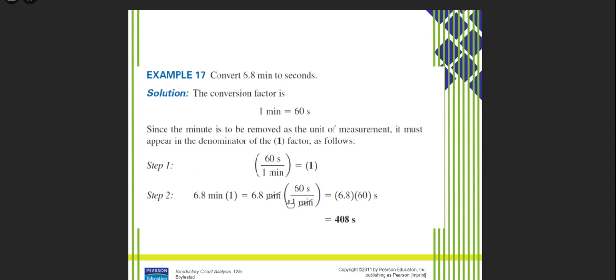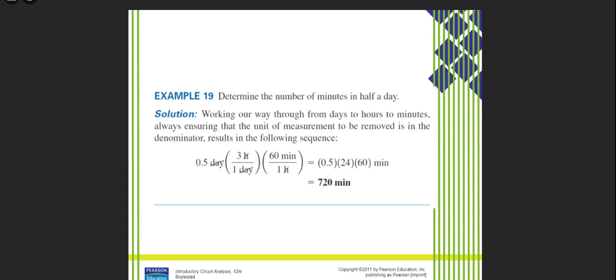The one that comes to the bottom part, you have to make sure this one and this one have the same unit in order to cancel them out. So in the first step, when you write down this division, you have to pay attention to the unit. The one that goes in the bottom part should have the same unit as the number that you want to convert. Then when you do the conversion, these two cancel out, and this one will be the required unit that you are going to use.